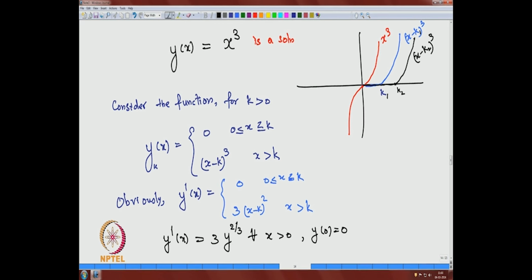So you can show that this is a family of curves.